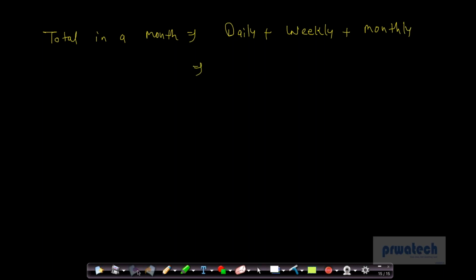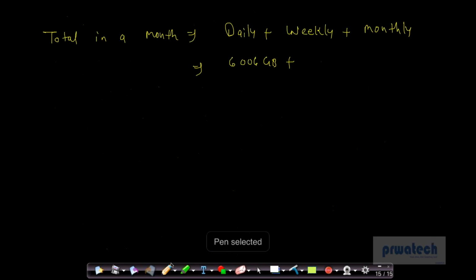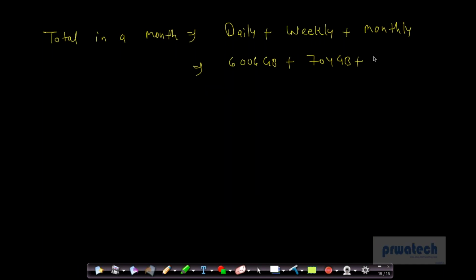Daily result is 6 TB, or let me take GB itself, 6006 GB, because all the units are in GB, plus 704 GB plus 35 GB.